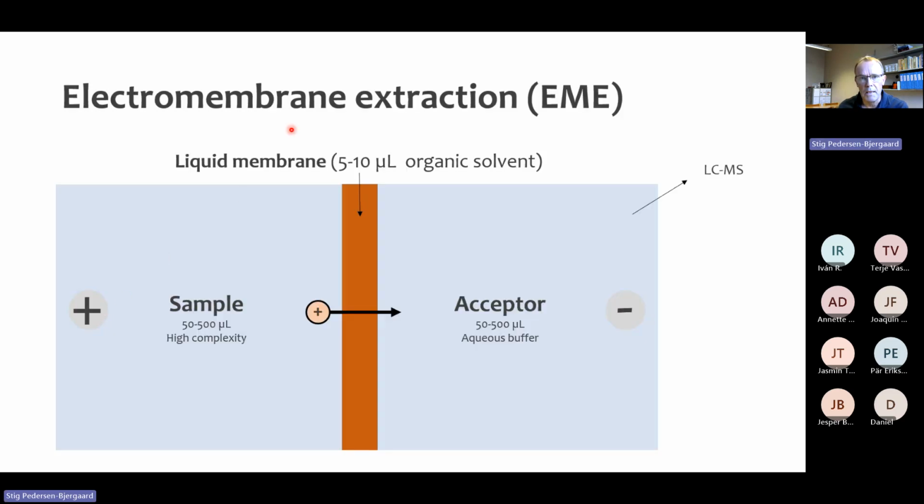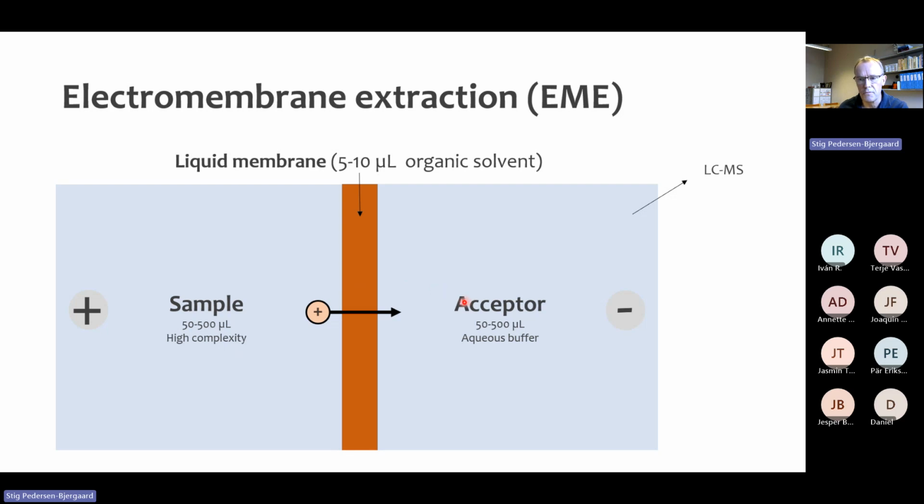So EME, or electromembrane extraction, is a microextraction technique where we extract analytes of interest with charge, either plus or minus charge, from a sample solution, which is typically aqueous, through a thin layer of organic solvent immobilized in a porous membrane. We term this the liquid membrane, the organic phase, and then further on into an acceptor solution, which is an aqueous buffer solution.